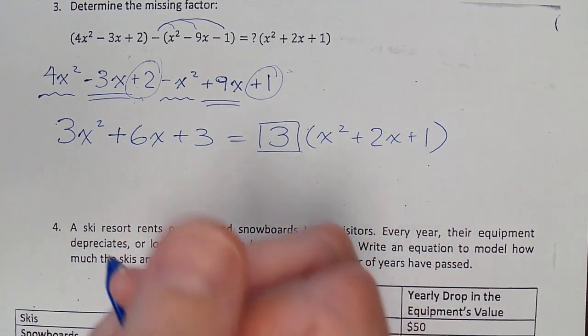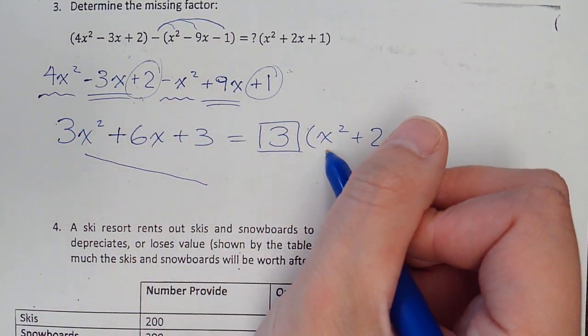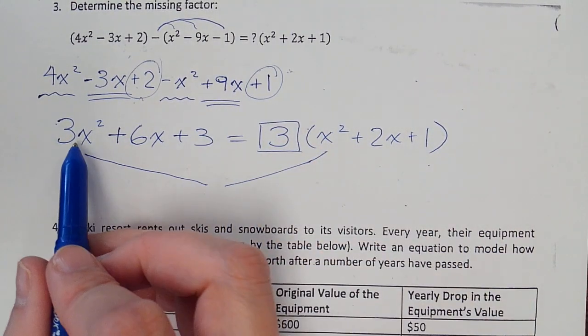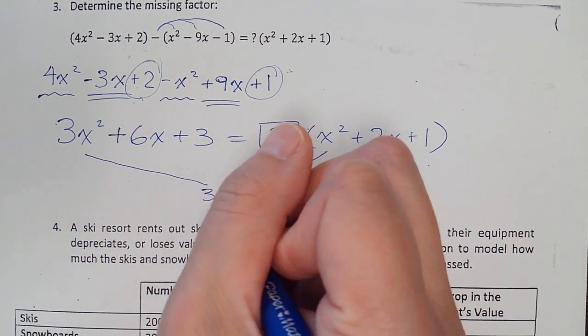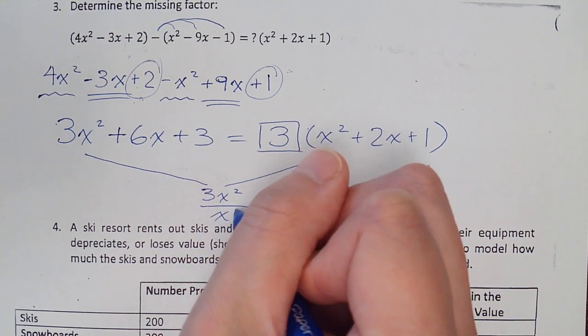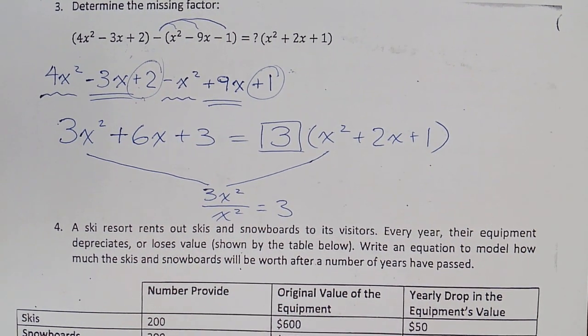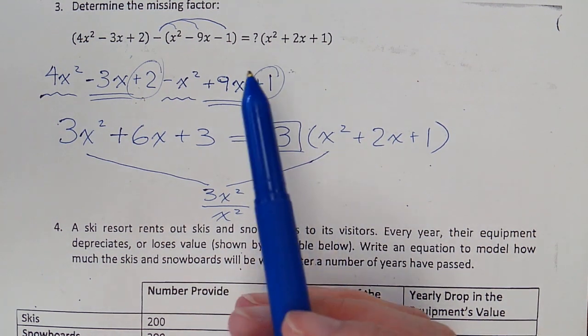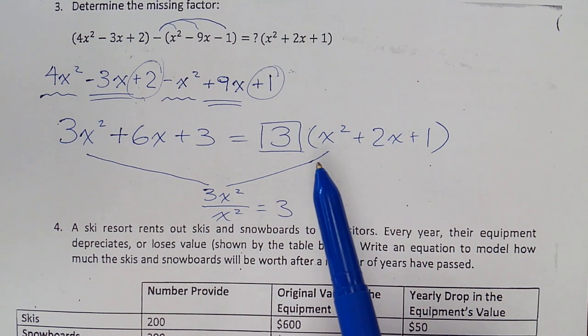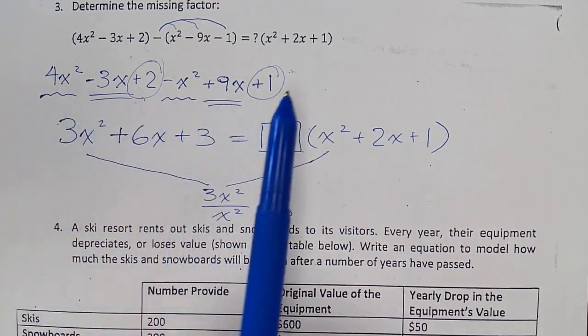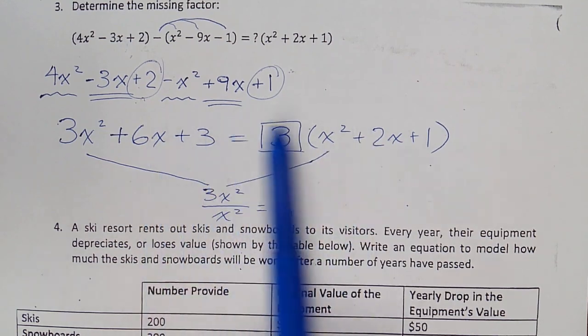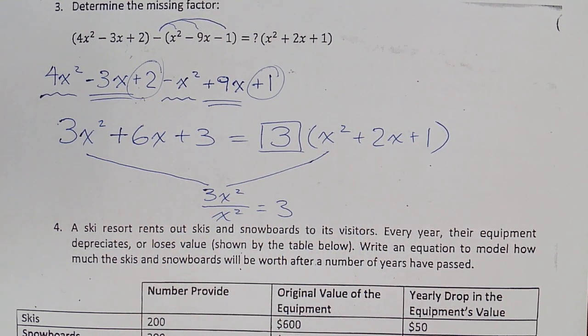If it's more complicated and you don't see it, compare the first term with the first term. 3x squared divided by x squared, and you'll get the factor, 3. So this is very similar to yesterday's homework question. What's different is this time you have to simplify it before you can compare the left side with the right side.